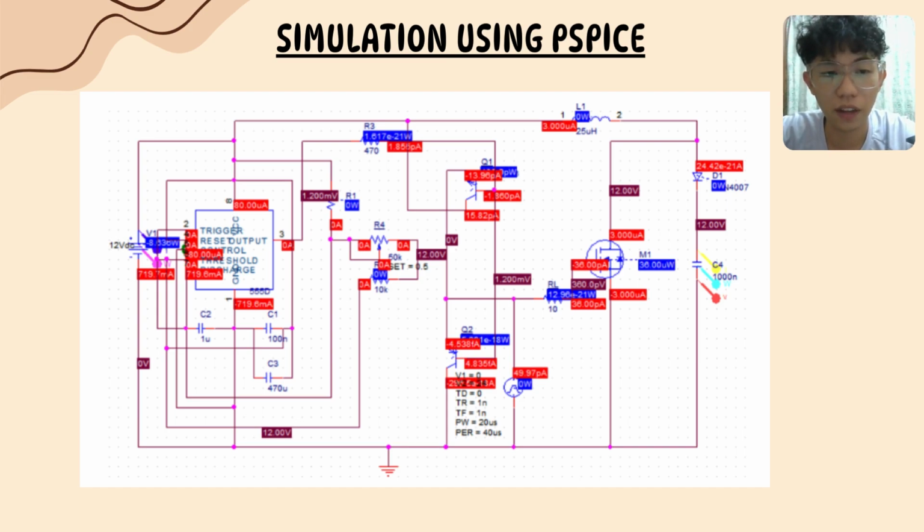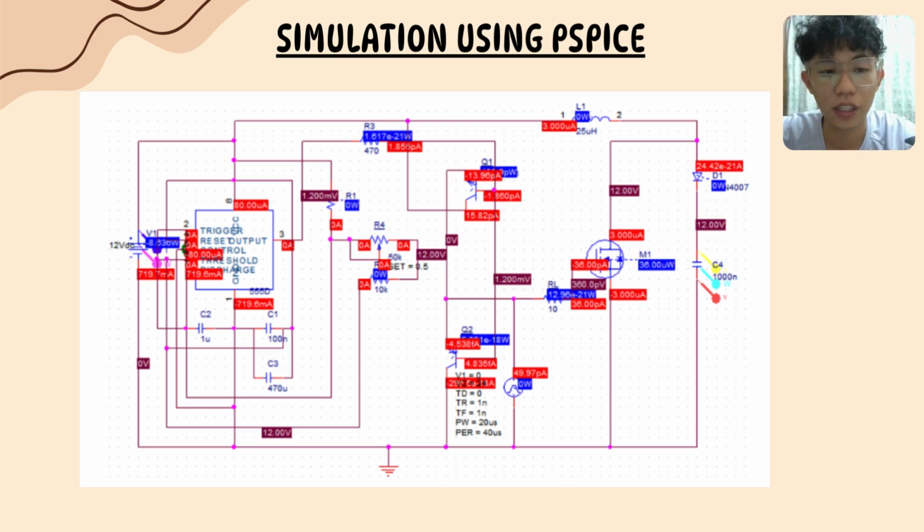The circuit functions as a boost converter controlled by pulse width modulation, with the 555 timer producing a PWM signal based on the RC network made up of R1, R4, and C1. A potentiometer controls the duty cycle of this signal, which sets the on and off periods of the MOSFET.